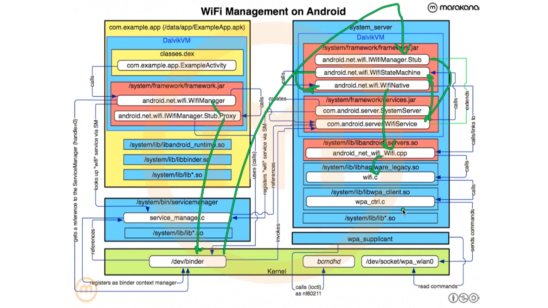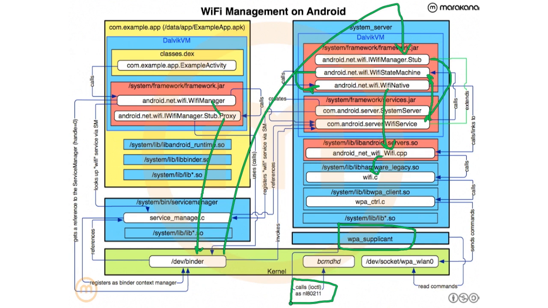So what happens next? Well, the actual communication with the driver is fairly complicated. And so Android did not want to reinvent the wheel, especially because there is already something in the Linux community that we use in a lot of Unix distributions called WPA supplicant, which is responsible not only for the WPA authentication, but also the communication with the Wi-Fi hardware, assuming that the driver for the Wi-Fi hardware implements this nl80211 driver framework, if you will.